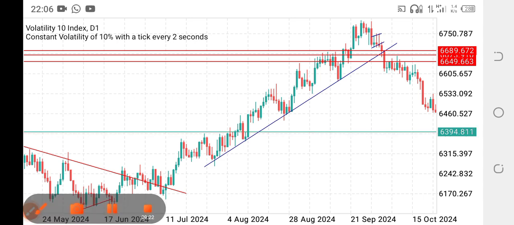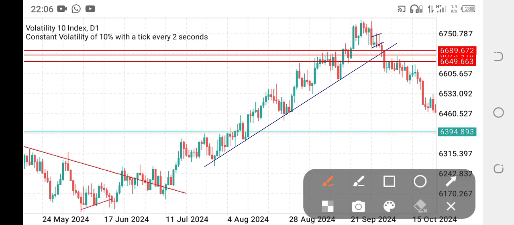This mark here, whenever you see it, just know that the market is about to reverse. It is one of the reversal chart patterns that whenever you see it, you know that the market is about to change its course. That is, if the market was buying and you see that chart pattern, it means that the market is about to sell. If it was selling before and you see that chart pattern, you know that it's about to buy.